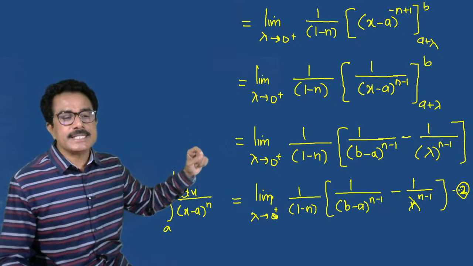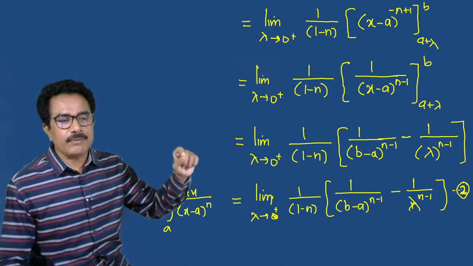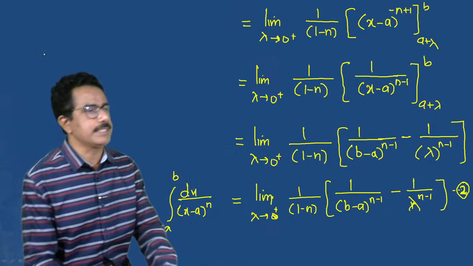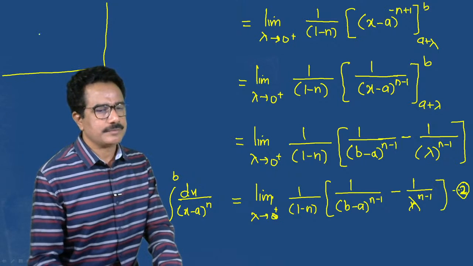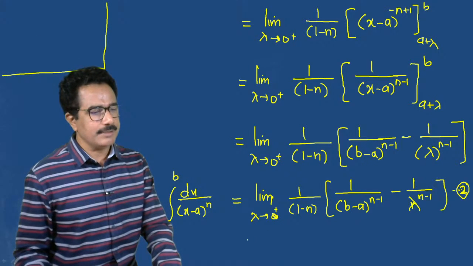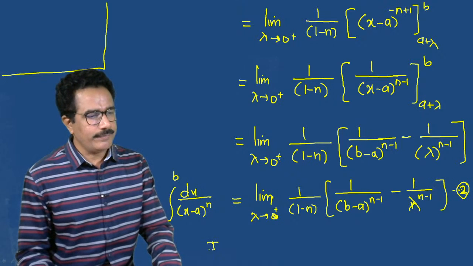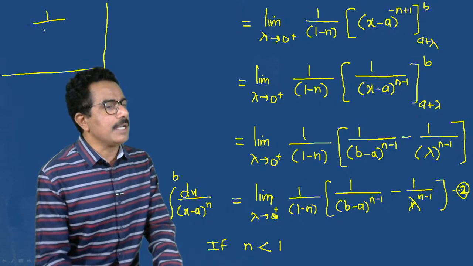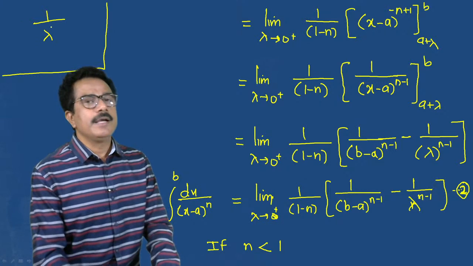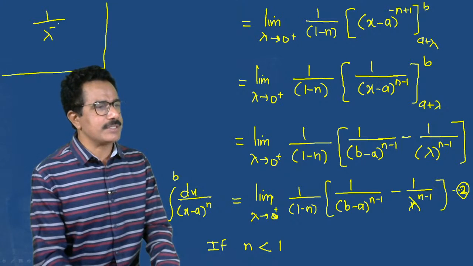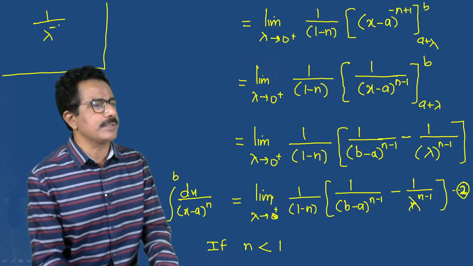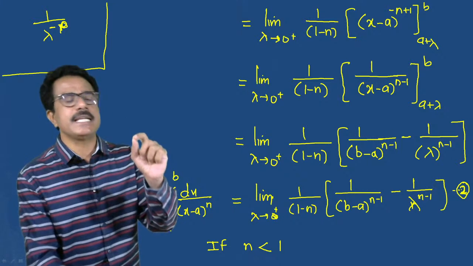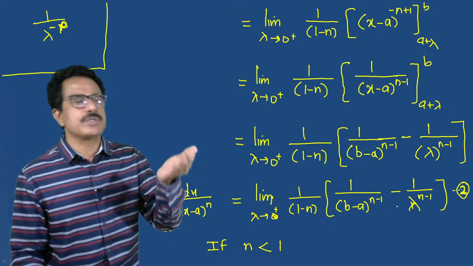If the value of n is less than 1, then this power becomes negative and goes to the numerator, and its value becomes 0. See this, if n is less than 1, what will happen? Then 1 upon lambda raised to this, which is minus, less than 1, so this becomes negative, minus something, suppose minus p. If we take n less than 1, then we get 1 upon lambda raised to minus p.